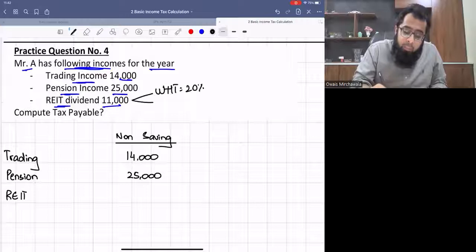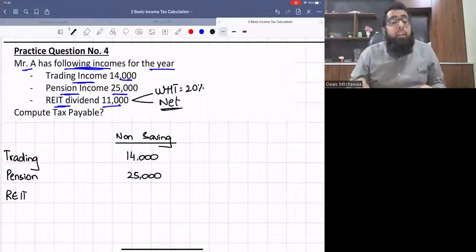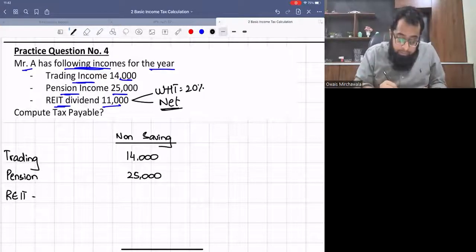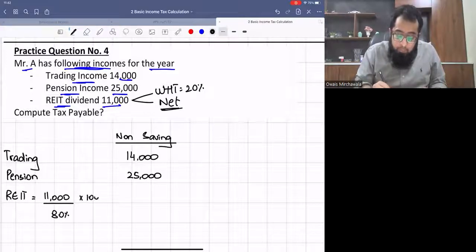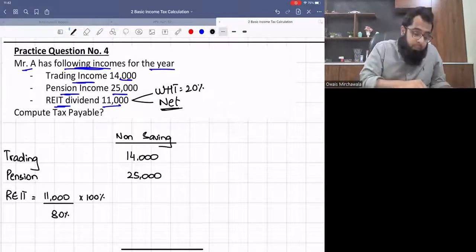Withholding tax is 20%, and since the examiner is silent, it is net. We need to gross it up. Divided by 80%, multiplied by 100%.